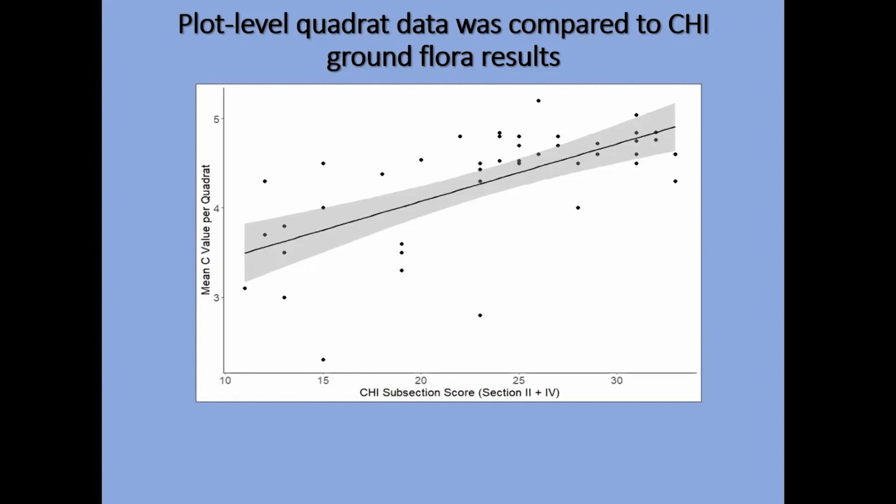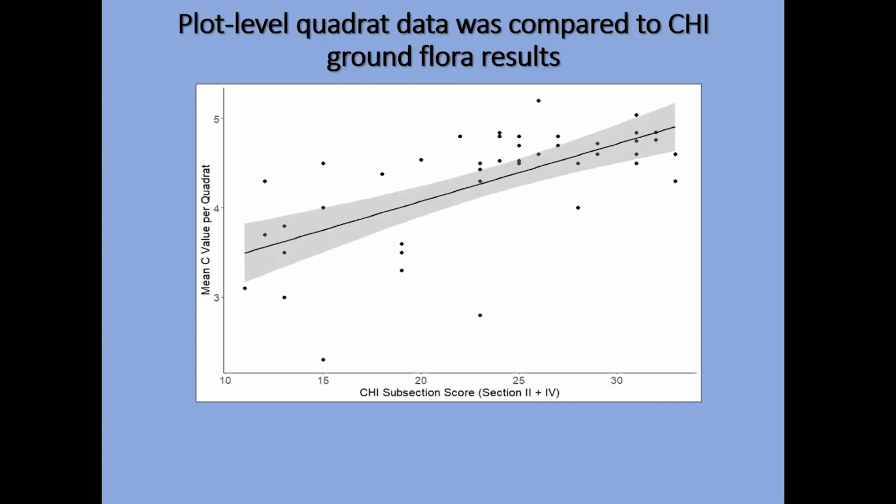We were curious about this as well. So we compared our data with quadrat data that was done on the same sites. These quadrats are significantly smaller than our CHI units, but we made sure our CHI units lay within the footprint of where this quadrat data was collected.